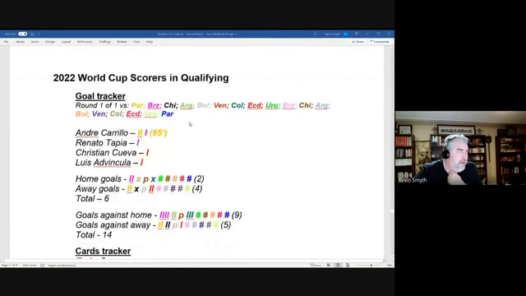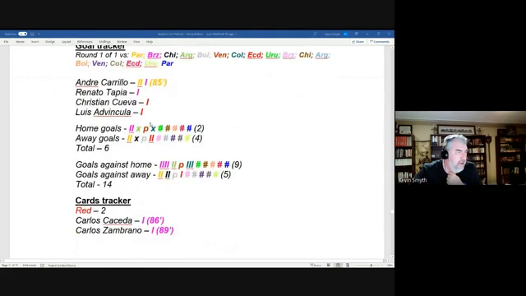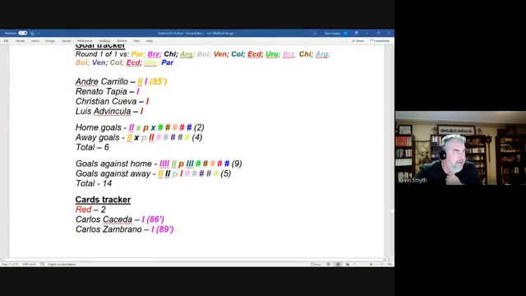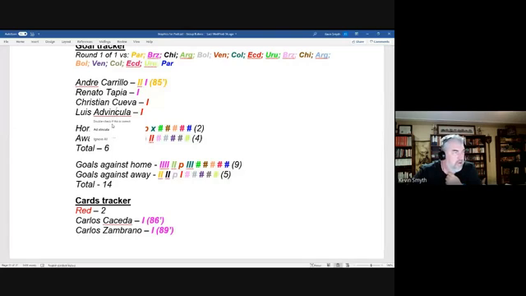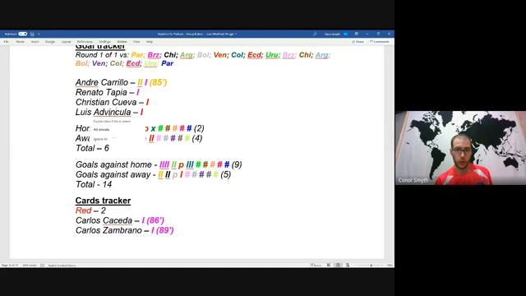Let's look at their scorers, and here are some familiar names. I think I was talking about Luis Advincula. I think he's under 10 seconds in sprinting. Anyway, he's very fast. He has one of their 6 goals in qualifying so far. The leader, though, is Andre Carrillo with 3 of the 6.